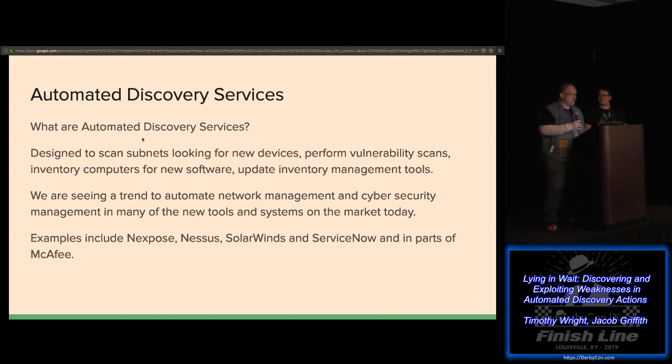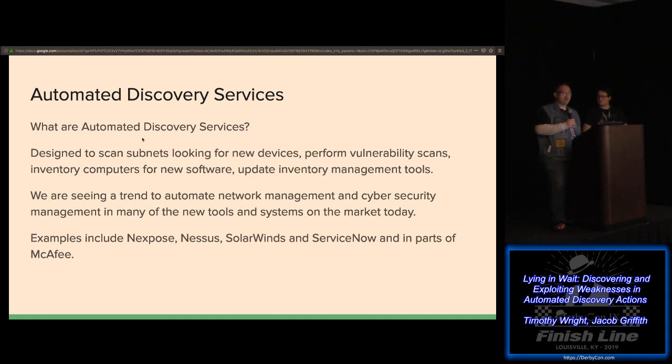So a little bit about the automated discovery services. We were doing a lot of research, we were trying to define what this was. It's a service that is going to sweep an infrastructure. So you have tools out there, like vulnerability scanners, network management tools. They're going to sweep an entire infrastructure, build some type of inventory of software, whatever hardware is deployed.